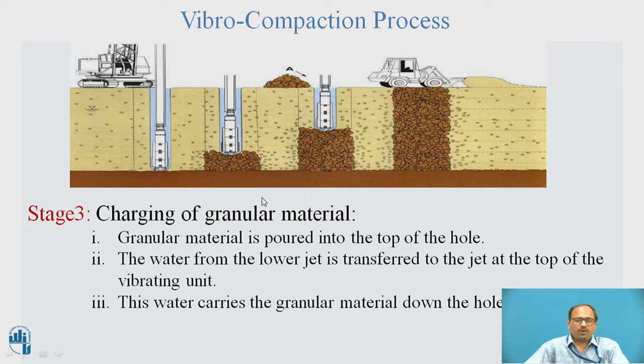The water from the lower jet is transferred to the jet at the top of the vibrating unit. That water carries the granular material downhole.